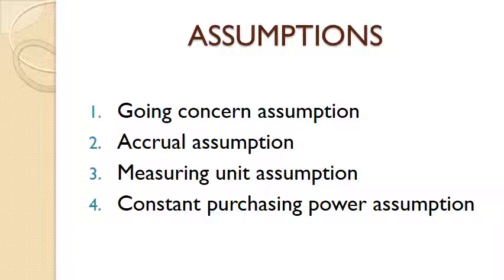Next we have the measuring unit assumption. Here, the measuring unit is the current purchasing power. As we have just seen in the accounting standards, we have to record all the cost at the historical cost, that means at the price at which we purchased that asset. Now, IFRS is an improved version of that.